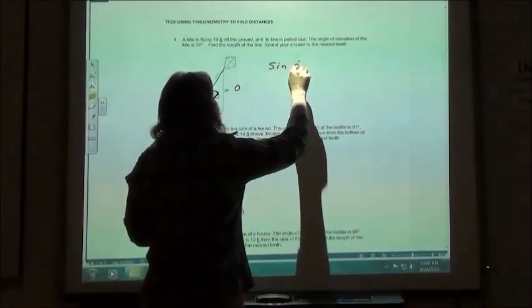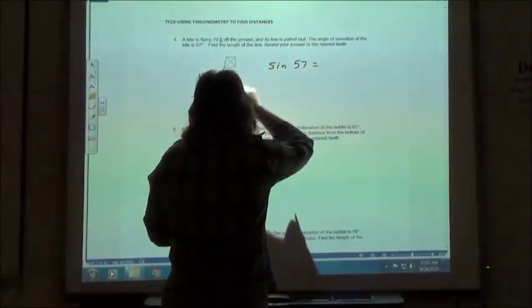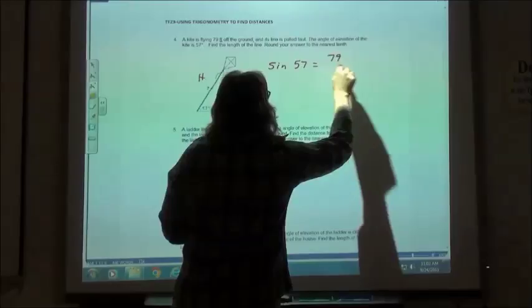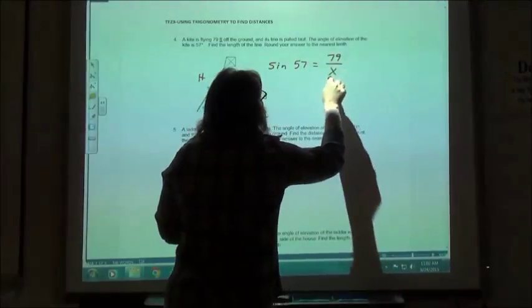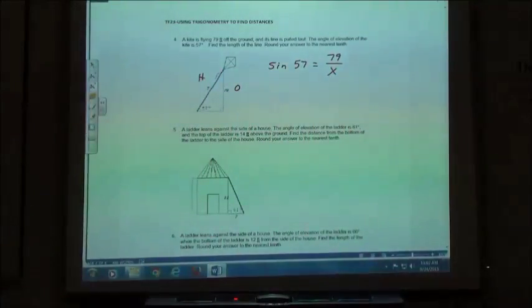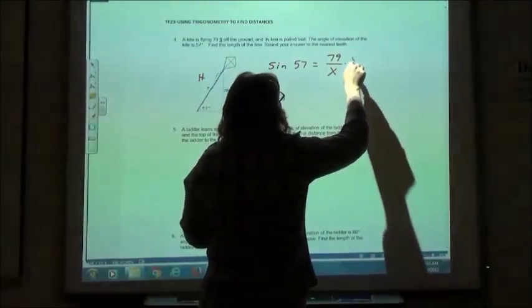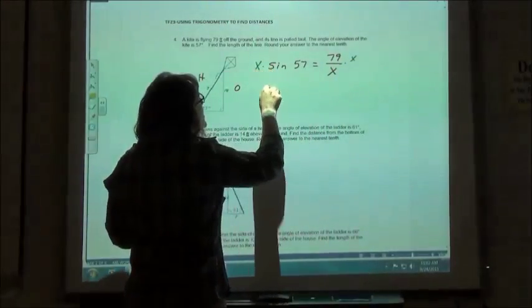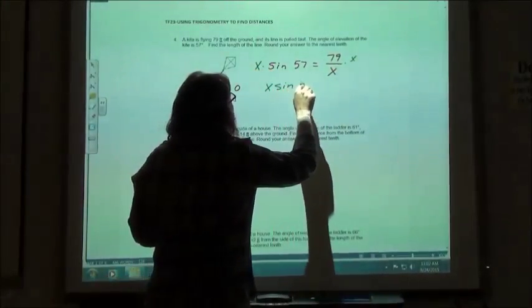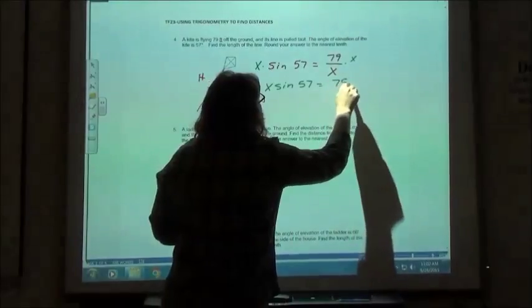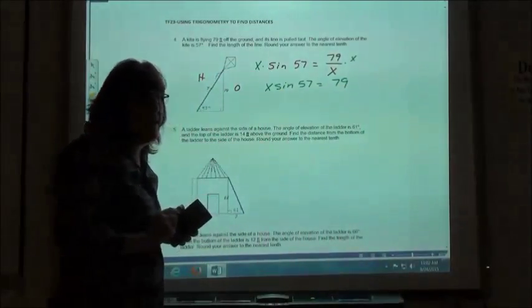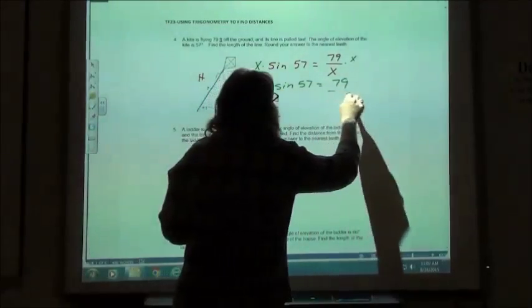The sine of 57 degrees is equal to the opposite side, which is 79, over the hypotenuse, which I don't know, so I'm just going to put an x there. So again, when I solve this one where I have the x in the denominator of my fraction, I'm going to times by the x first. So x sine of 57 equals 79. And then I end up dividing by the sine of 57.